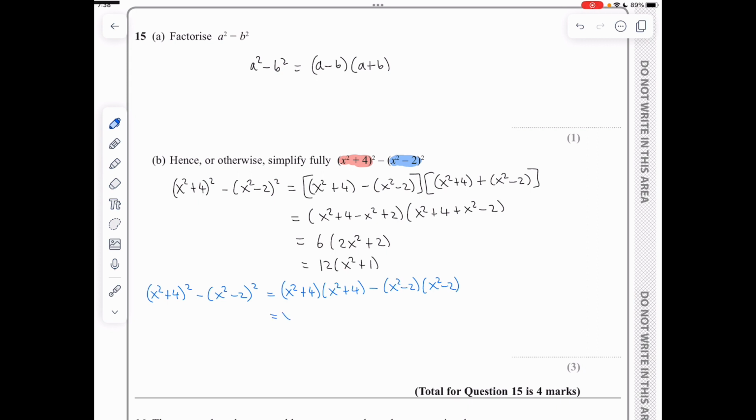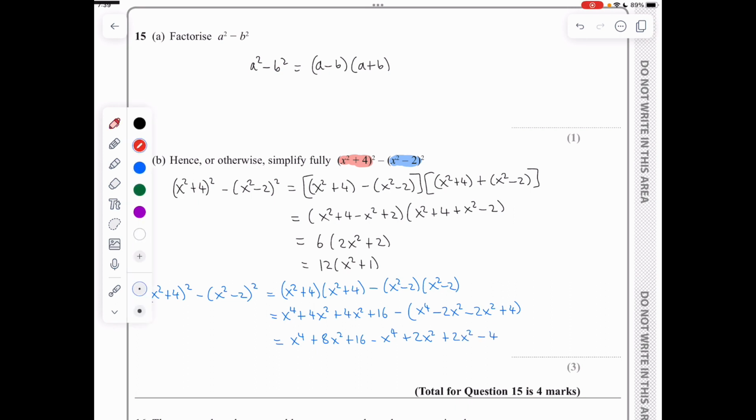I get x to the power of 4 plus 4x squared plus 4x squared plus 16 minus (x to the power of 4 minus 2x squared minus 2x squared plus 4). So we've got x to the power of 4 plus 8x squared plus 16 minus x to the power of 4 plus 2x squared plus 2x squared minus 4.